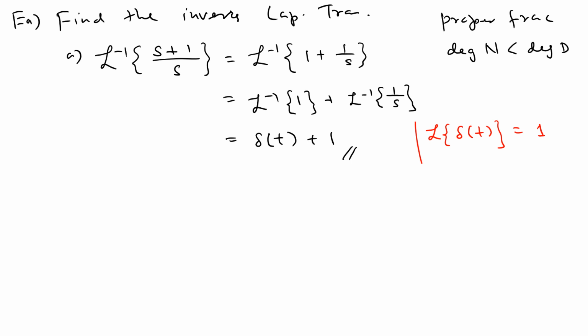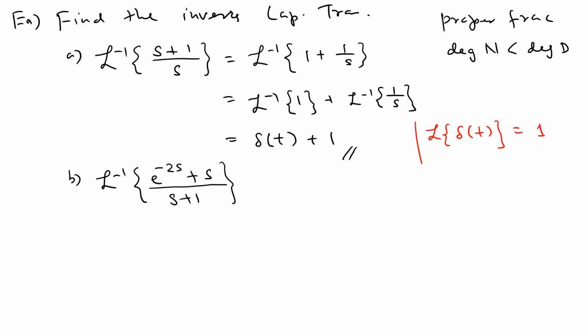This can be useful later. Let's do another one. How about this one? Let's say the inverse Laplace of (e to the minus 2s plus s) over (s plus 1). You can have anything you like, but let's do something like this.